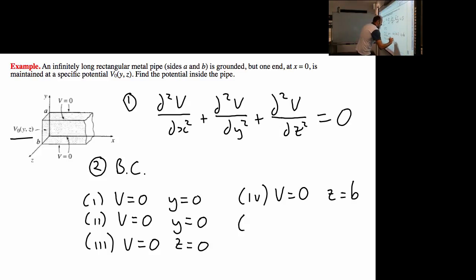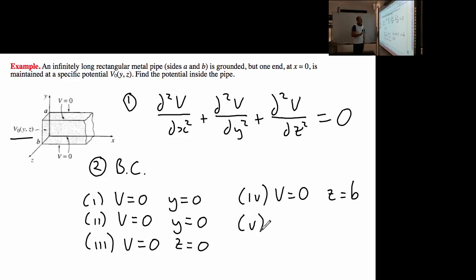And now let's do the x's. I've left the x's off until the end because it's a bit more interesting. What happens whenever x goes to infinity? Well, whenever x goes to infinity, the potential is going to go to 0. So the potential goes to 0 as x goes to infinity.